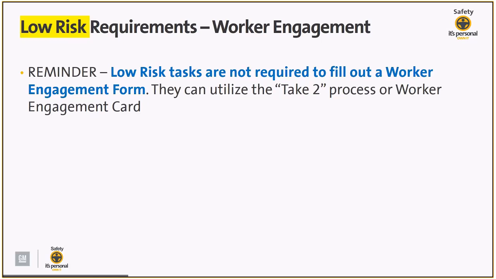They can simply utilize the verbal take two process, or if the contractor wants to require them to have some type of documentation, the contractor can mandate that they use the worker engagement card. As far as global safety, as far as the SCM team, we no longer require the use of the worker engagement card or form or to sign in and out. None of those are required anymore if a seller is performing a low risk task.